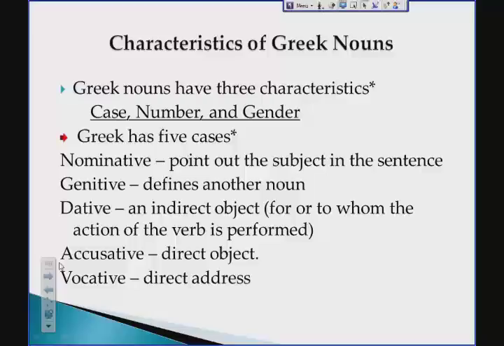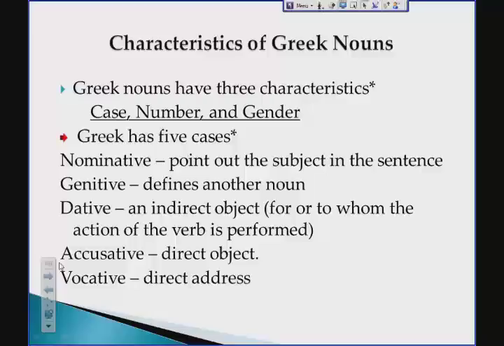When he comes to them, he says, children, have you caught something? And that children, teknia, adelphoi, brothers and sisters, and so forth. It's the vocative case. It's a mode of address. You are addressing someone directly.